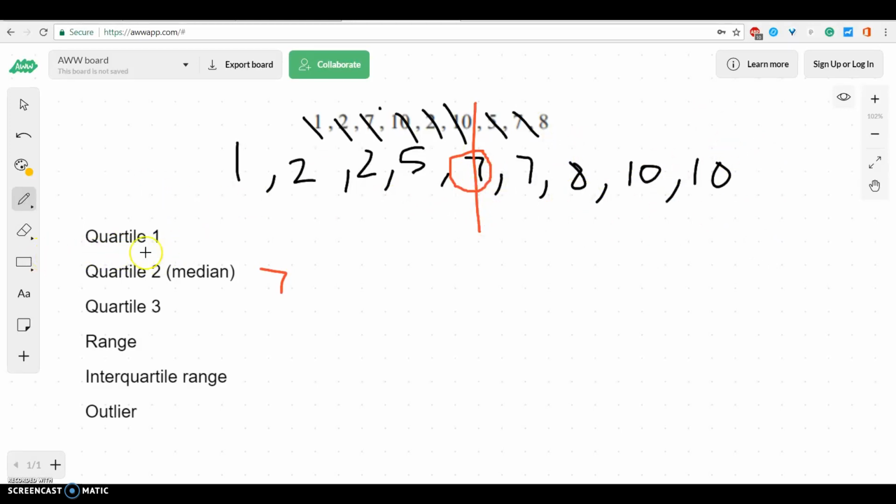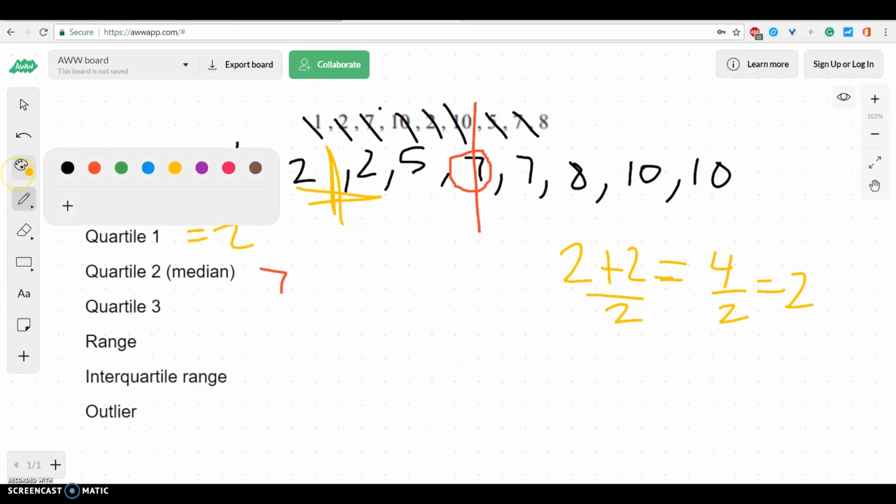So we're going to find the halfway point for this first set, or quartile 1, which would be between these two numbers right here. Again, if you don't have a single number that works, you take an average of the things. So you do 2 plus 2 divided by 2, which would be 4 divided by 2, or 2. So for quartile 1, your quartile is 2.